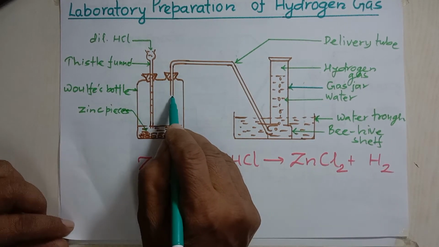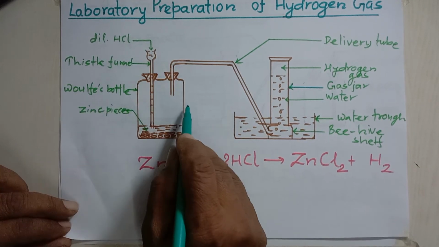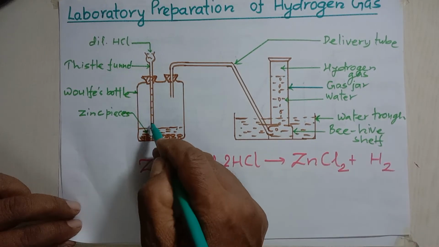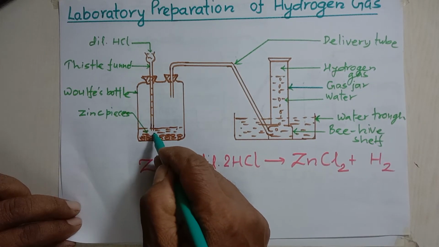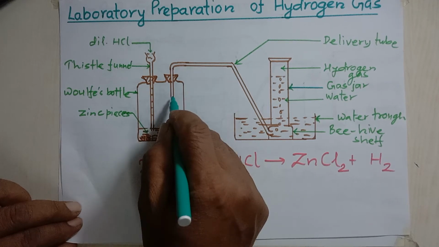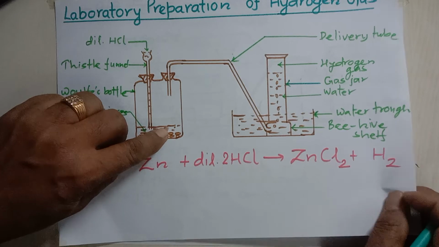Okay, next is the tip of delivery tube inside the wolf bottle should be out of hydrochloric acid. Just like the thistle funnel should be dipped into the hydrochloric acid, but the tip of this delivery tube should be outside the hydrochloric acid.